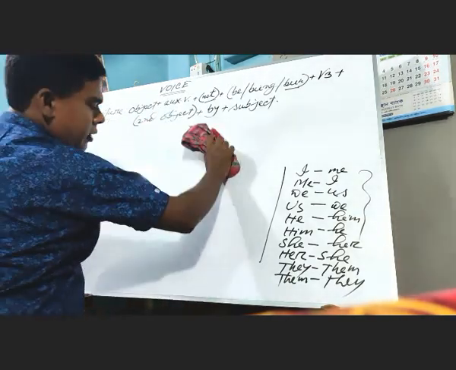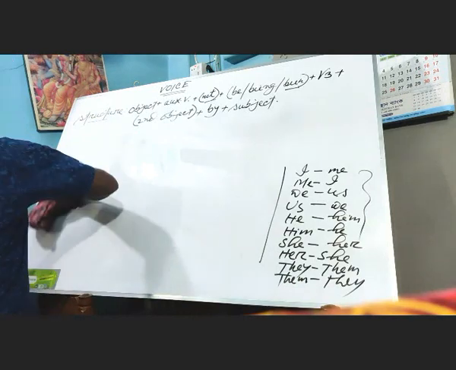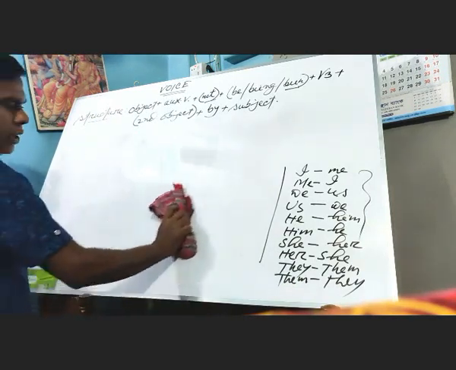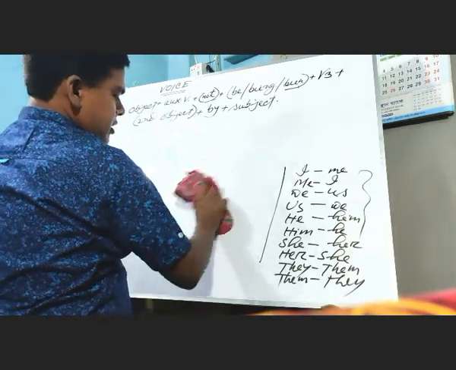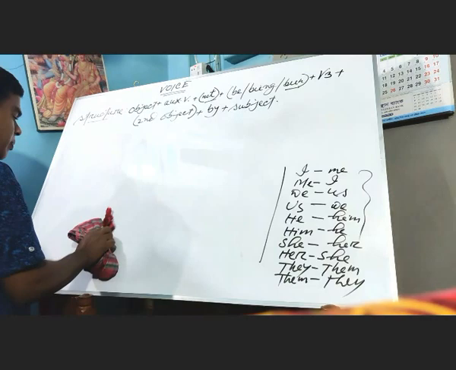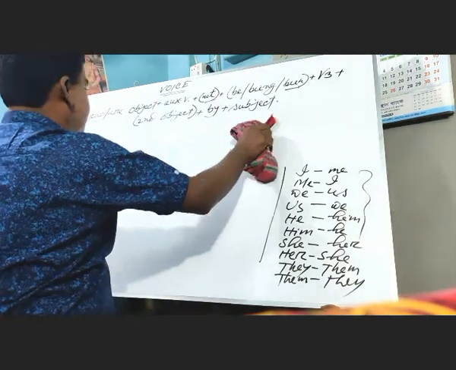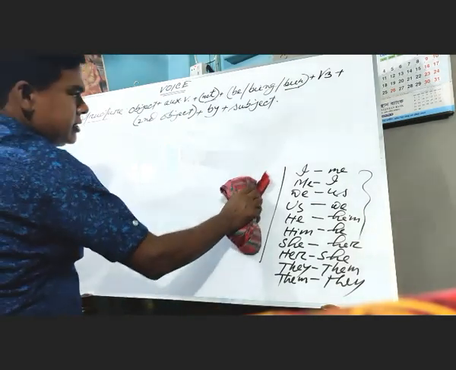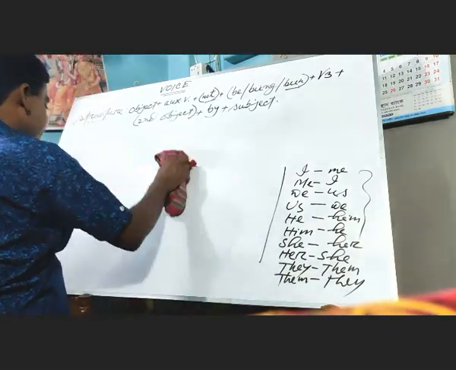So before going to learn voice changing from passive to active, you will learn voice from active to passive very clearly. If it is clear, then other parts of voice changing would be very much easier for you.